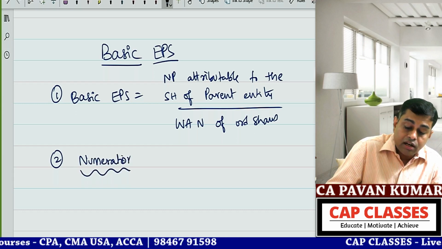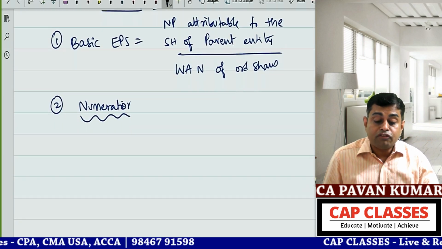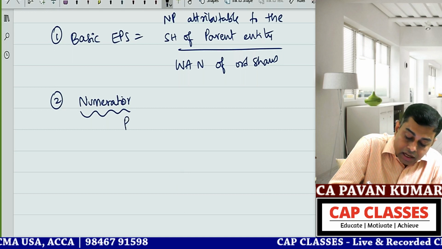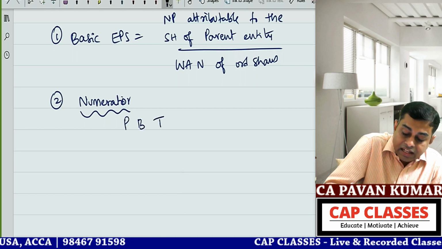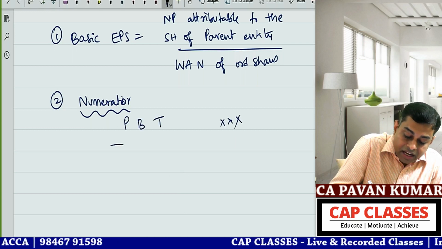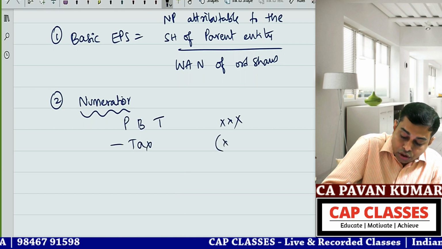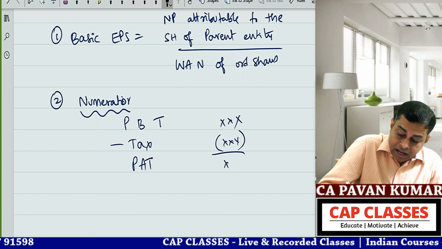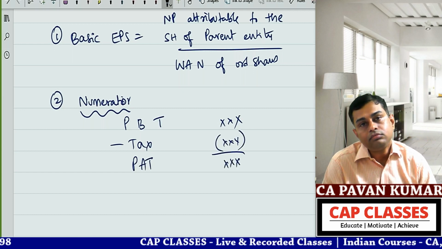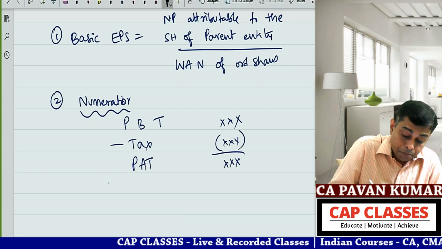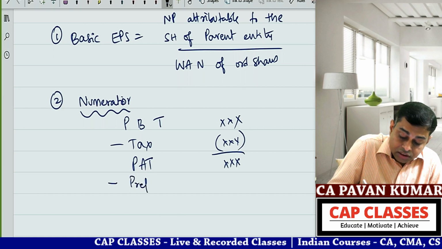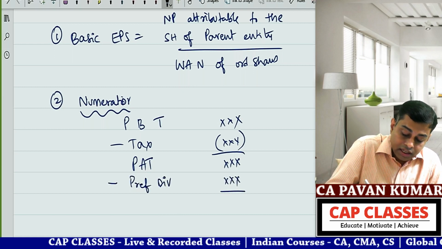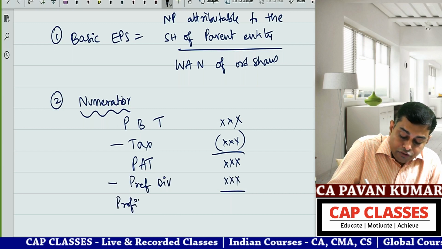What is numerator? Net profit attributable to shareholders of parent entity. How to calculate this? Take profit before tax, minus tax. Then it will be profit after tax. Profit after tax minus preference dividend.